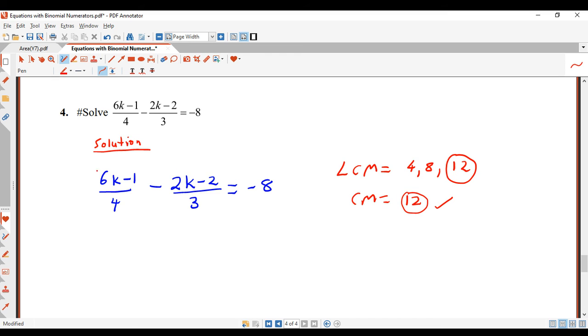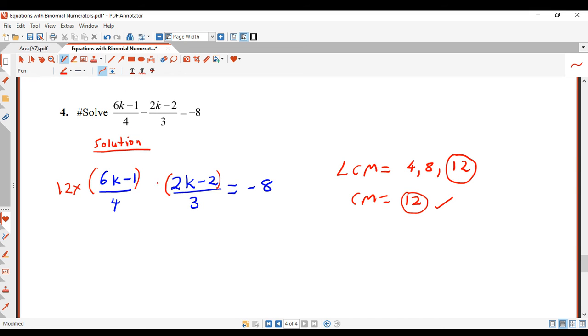So if you're happy with multiplying 4 and 3 together to get 12, and that's how you do it, that's fine. Now, put brackets around the binomial numerator. We're going to put 12 times. Now that 12 should be in line with the numerator. Put the brackets around the binomial numerator and put the times 12. Now I'm just going to rub out that minus sign for a minute to make room for my 12.